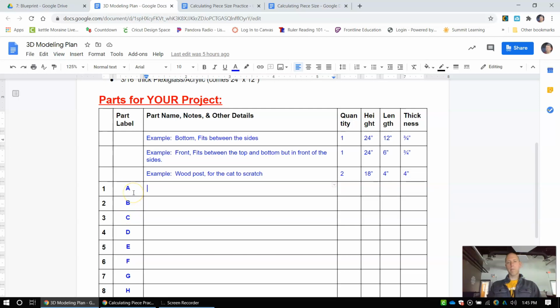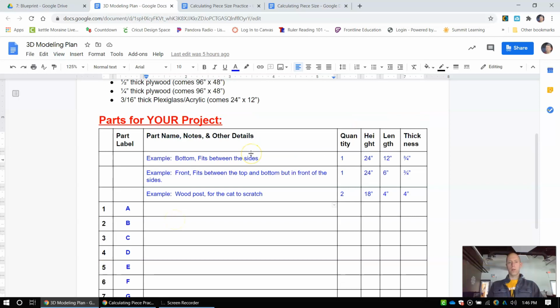So let's say you're making a box, maybe the top and bottom are the same, so you label those A, and the two sides are the same, so you label those B, and the front and back are the same, so you label those C, and actually write on there. And then we can write the actual dimensions on the prototype too, but there's just a lot of different things we can do to help keep us very organized. I hope this helped you to get started to think about how you will actually calculate the different sizes of parts for your project.